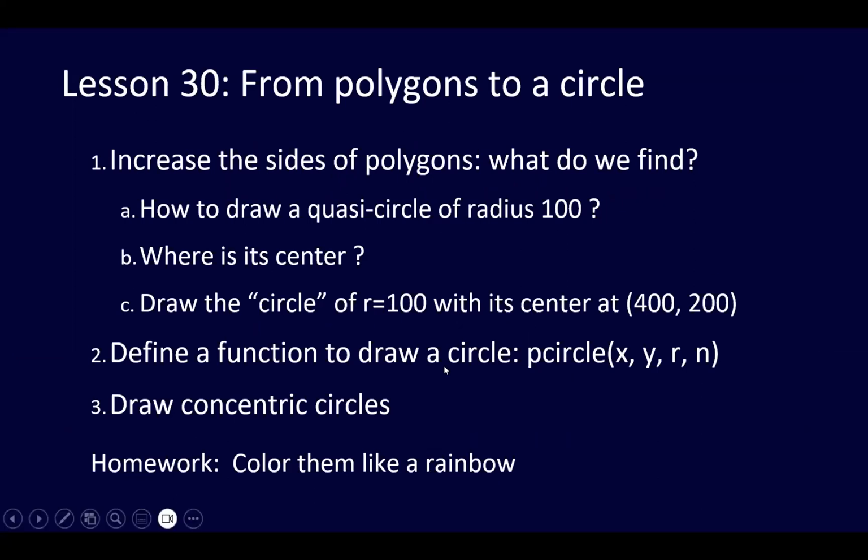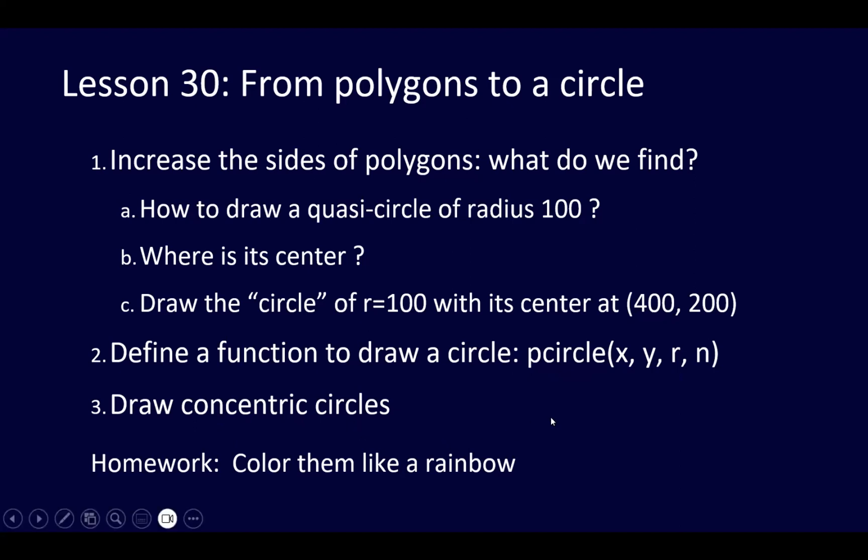Then we defined a function p circle to draw a circle having its center at xy and with radius r. Then we drew concentric circles. So homework: color them like a rainbow. Let's quickly try that and go on to today's work.